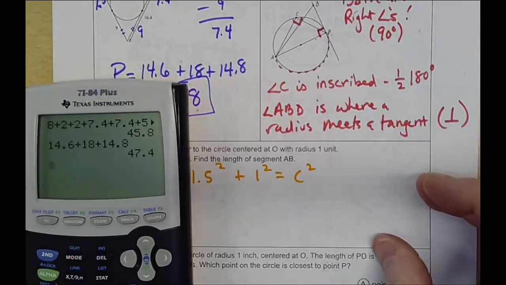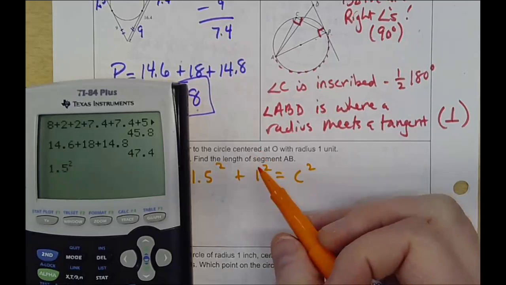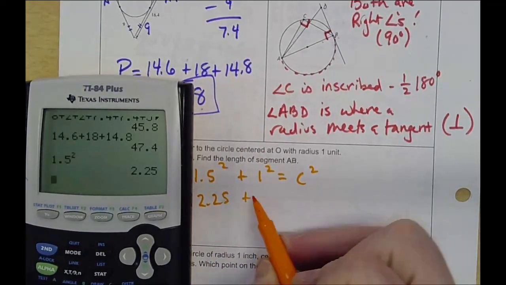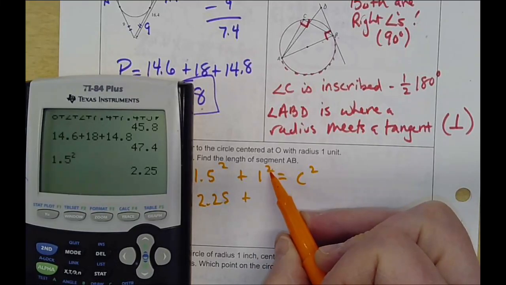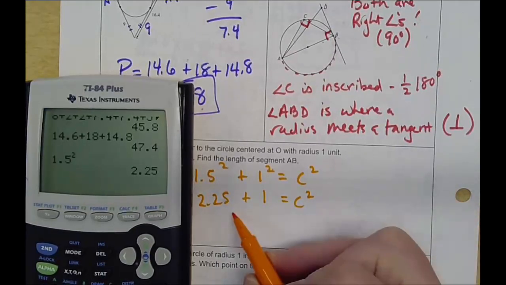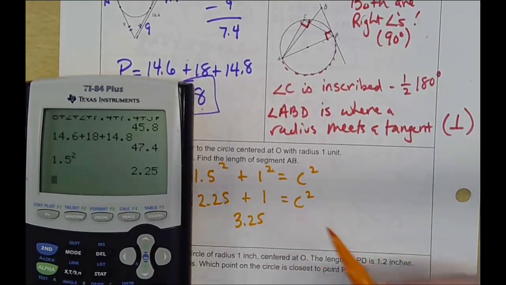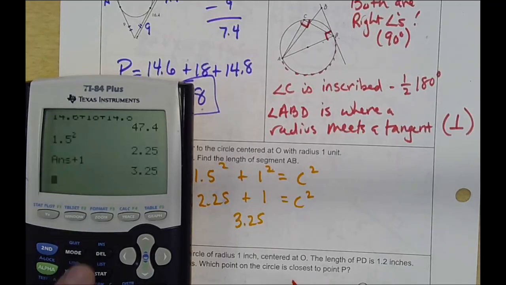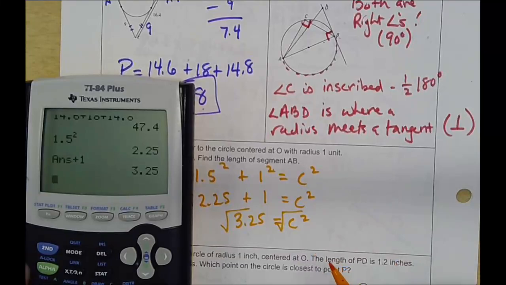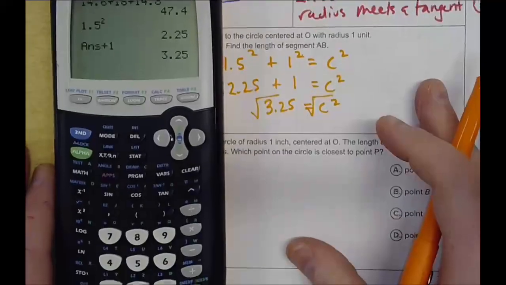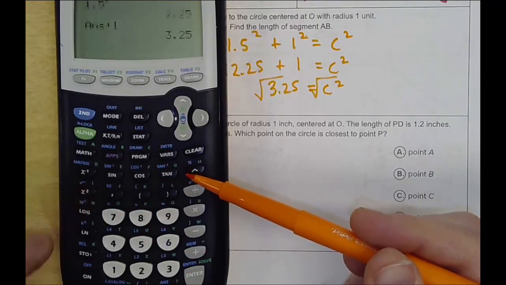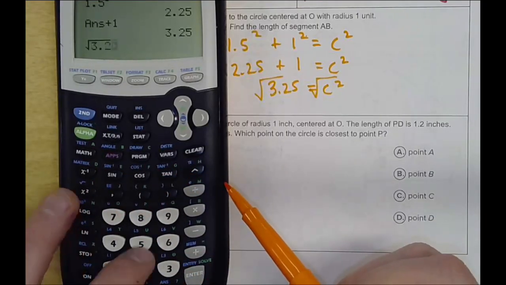So 1.5 squared is 2.25. 1 squared, now you might think 2, but 1 times 1 is just 1. That equals C squared. Add those together. I don't need my calculator for that, but I do need it on here because I'm going to take the square root of that number. Above x squared is square root, so second, square root, 3.25.